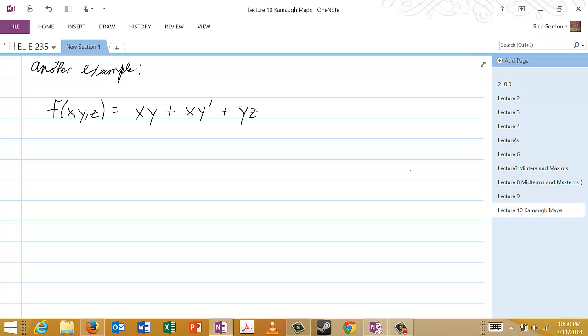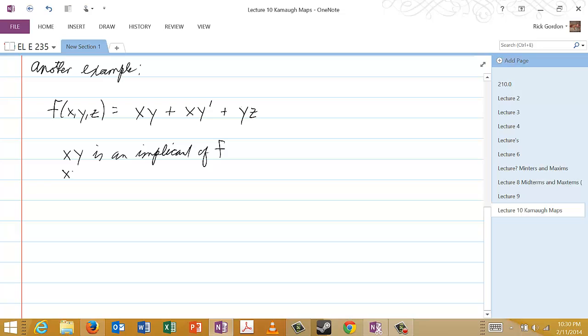Okay, well, we see that one implicant of f is xy. And this is just like what we had before. If xy is equal to 1, 1 ORed with anything is 1, and therefore xy is an implicant of f.